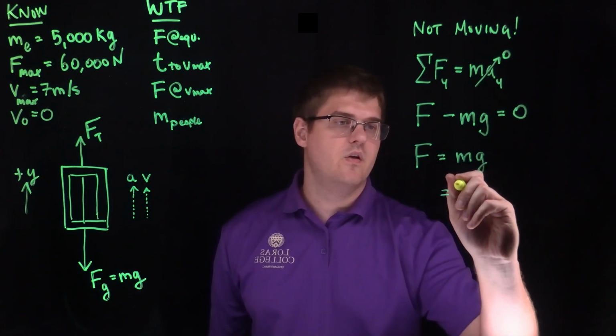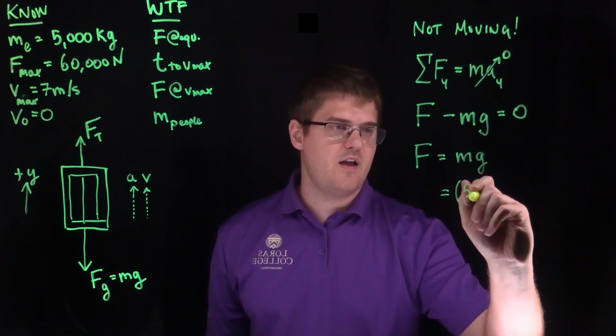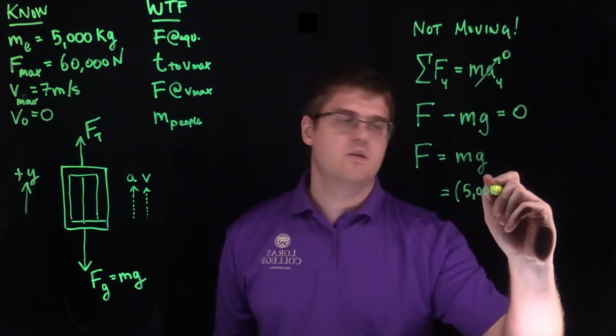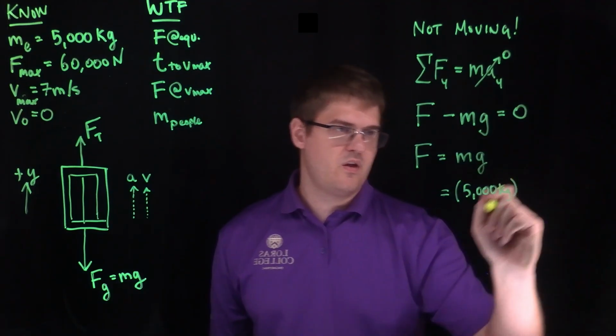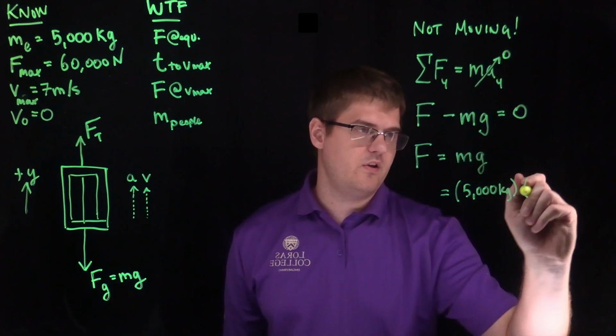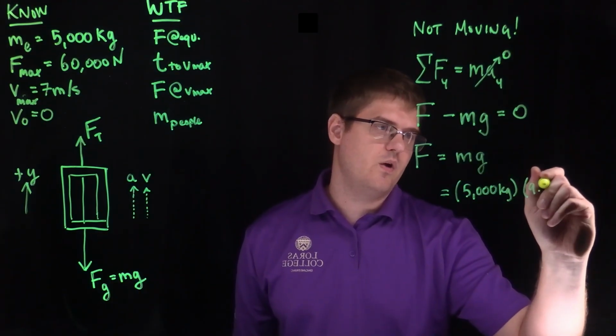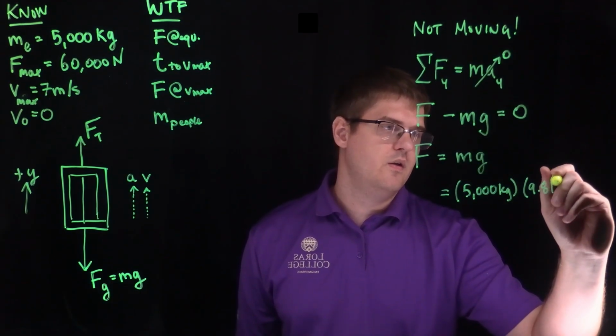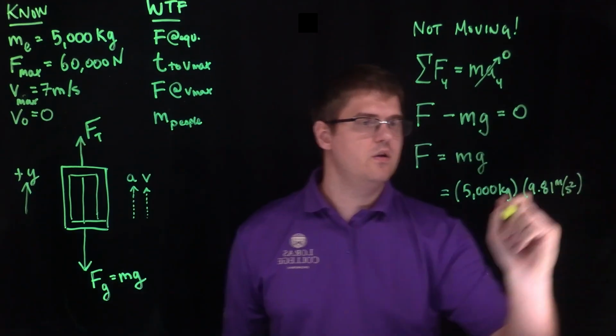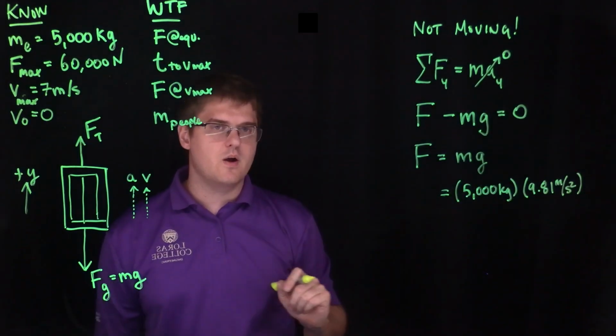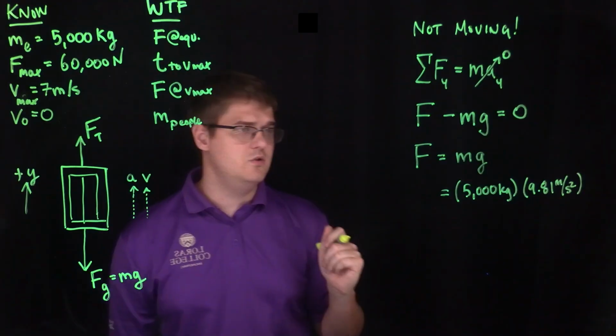So we have a mass of 5,000 kilograms, and acceleration of gravity is 9.81 meters per second squared. We end up with units of kilogram meter per second squared, which is newtons.